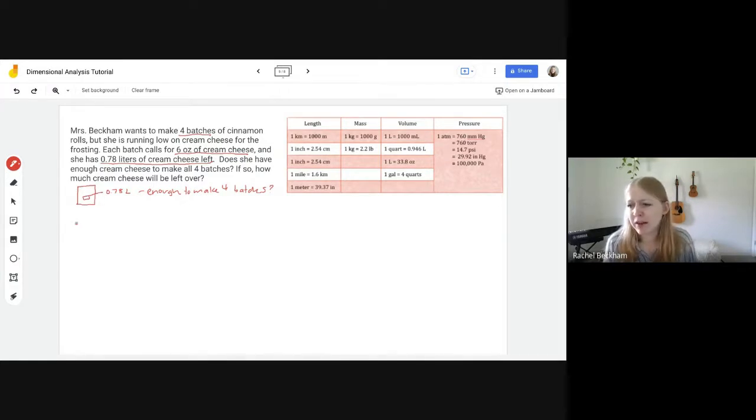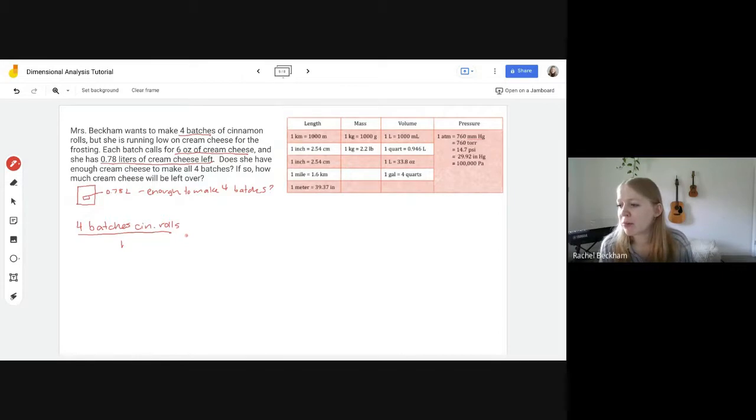So here's my plan. I'm going to start with my 4 batches at the very top. You see, that's what I'm starting with, my 4 batches of cinnamon rolls. And I'm going to figure out how many ounces of cream cheese that calls for. So remember, we're going to write down what we start with, and we're going to divide it by 1 because it just helps us keep a placeholder on things.